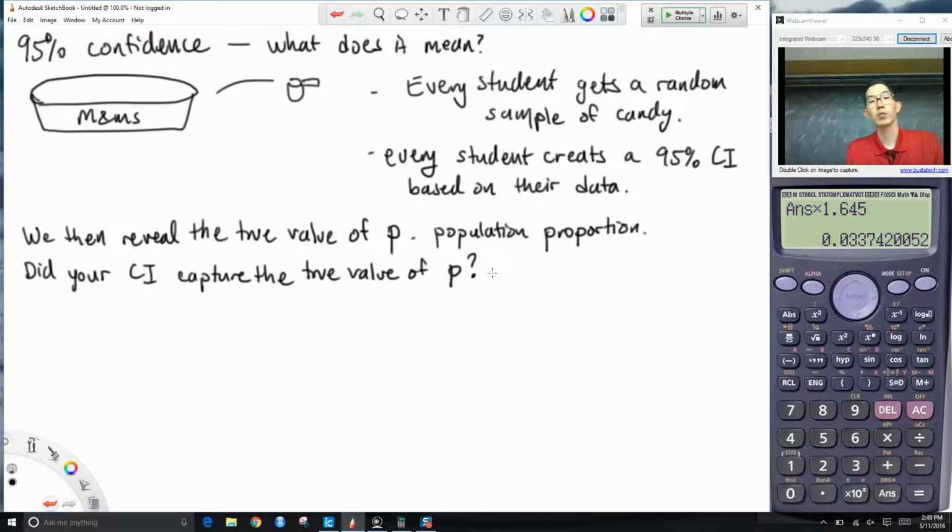Well, we would expect about 95% of the students' confidence intervals to have captured the true value of P. So about 95% of the students should say yes.